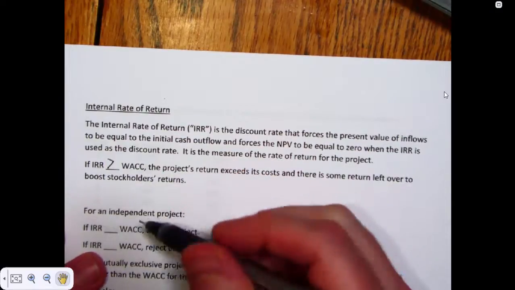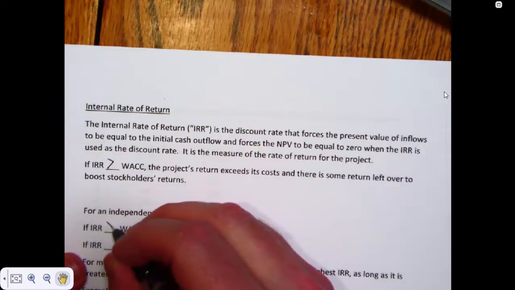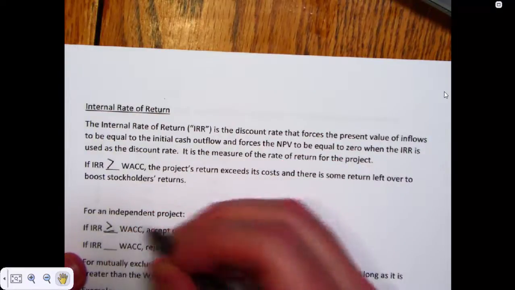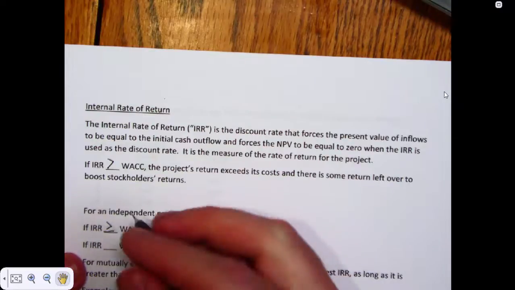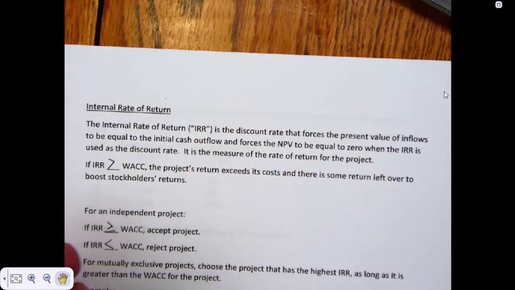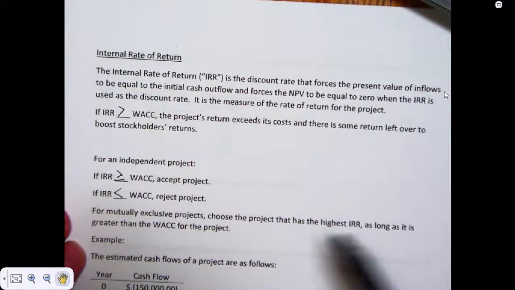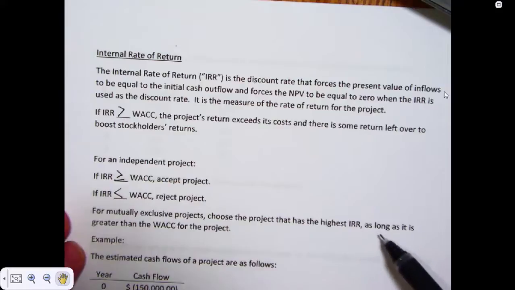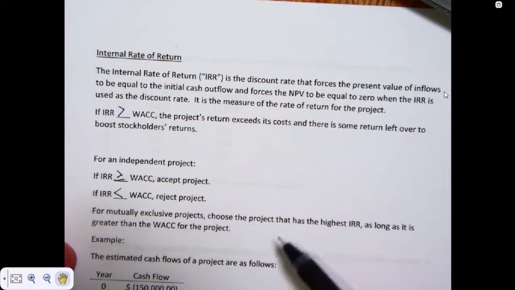So for an independent project, if IRR is greater than or equal to the weighted average cost of capital, we accept the project. If IRR is less than the weighted average cost of capital, we would reject the project because it doesn't earn back the required rate of return. It doesn't go over that hurdle. For mutually exclusive projects, choose the project that has the highest IRR as long as it's greater than the weighted average cost of capital for a project.